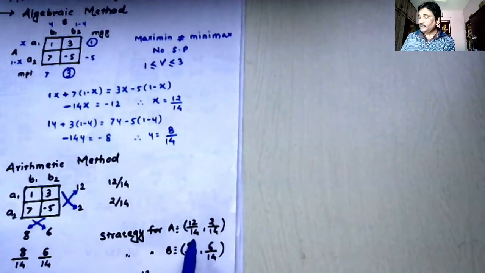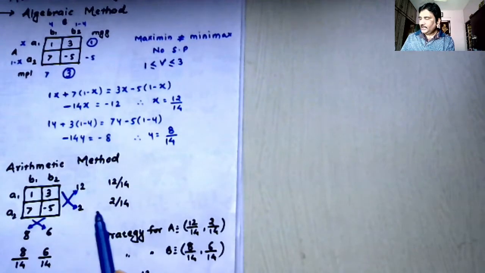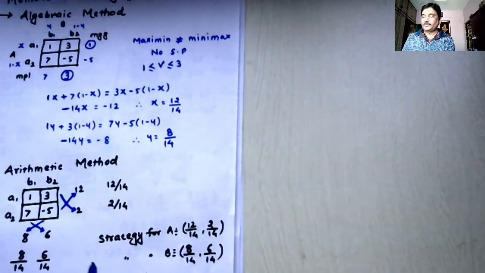Right? So 12 by 14 and 2 by 14 is the strategy for player A, and for player B, 8 by 14 and 6 by 14. Strategy means the proportion in which each course of action will be used by players A and B. It is the statement of the proportion in which each course of action will be used by the corresponding player.